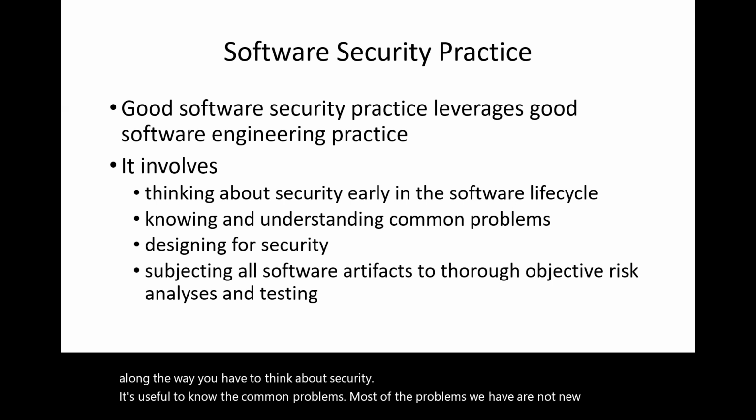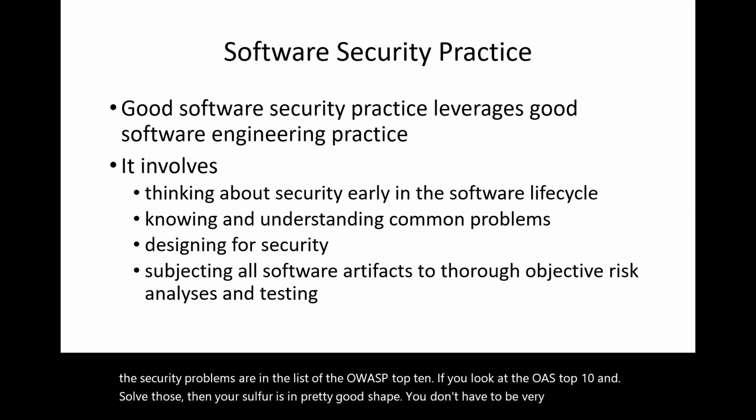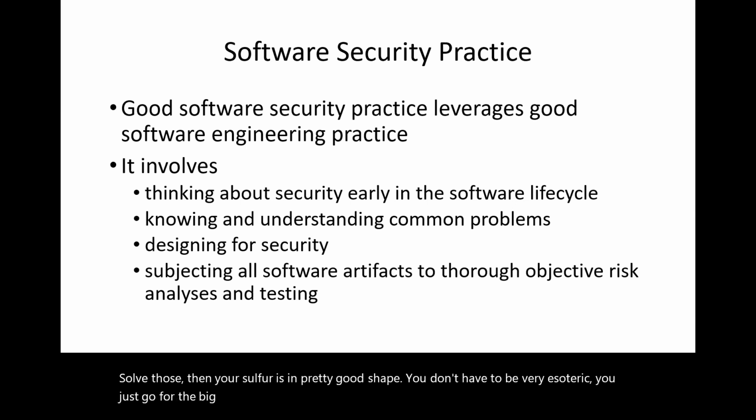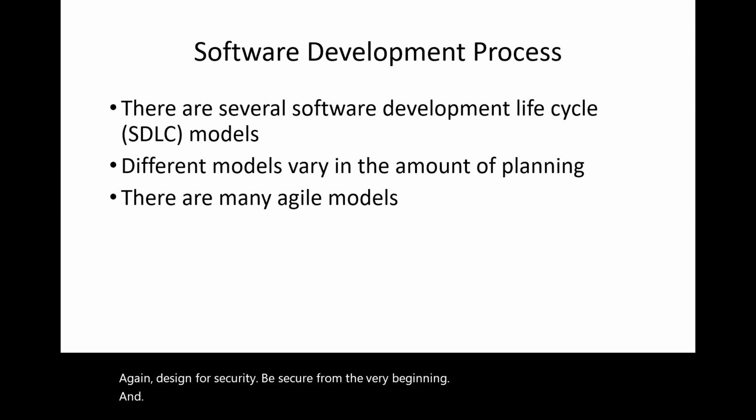Most of the security problems are in the list of the OWASP top 10. If you look at the OWASP top 10 and solve those, then your software is in pretty good shape. You don't have to be very esoteric. You just go for the big commonly known ones. Again, design for security, be secure from the very beginning, and test it.